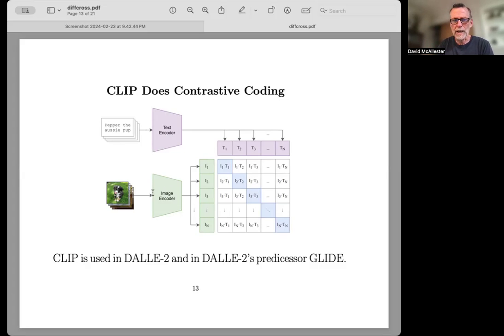What's relevant here is that I've got a vector representing an image and a vector representing text. And the idea is that these two vectors live in the same space. And one thing I didn't mention is that the way this classifier works is it's going to compute a score.